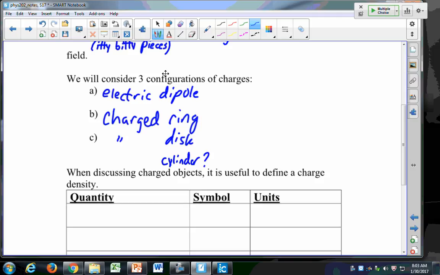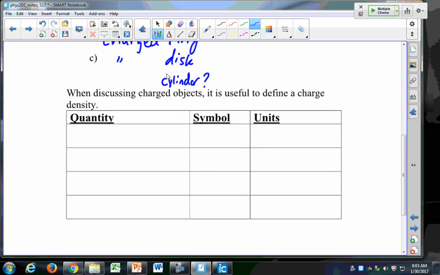Maybe. All right. It's also useful to define a charge density when we're looking at these. So charge, just like a distinct charge that we have, we use Q, just like we've seen already, and the units are in coulombs. But kind of like what we did last semester with moments of inertia, I think we used a linear mass density, an area mass density and a volume mass density.